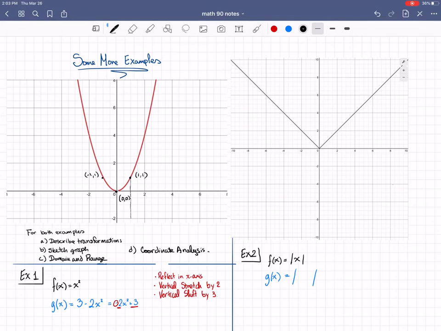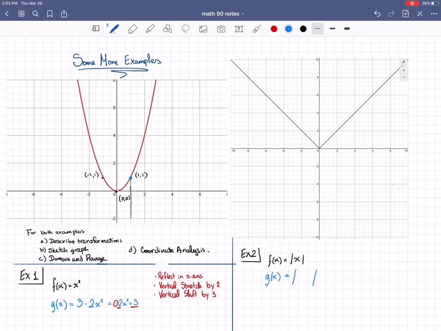And then from there, a vertical shift up by 3 takes us back and adds 3 to our y-coordinate. So what's kind of neat, we haven't seen this before, is that even though we have 3 different transformations acting here, the end result is that we end up back at the point 1, 1.